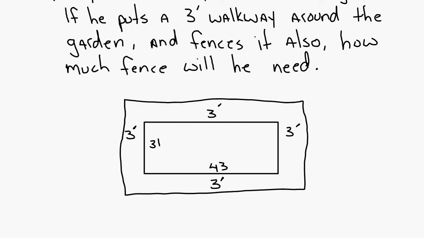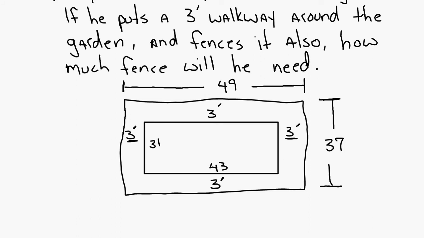He didn't make the fenced area 3 feet bigger, did he? He made it 6 feet bigger. So his new length goes from here to here. So it's 43 plus 3 on the right and 3 on the left, so it's 49. And his new width, you got 3 on the top and 3 on the bottom, so you got 31 plus 6 is 37.